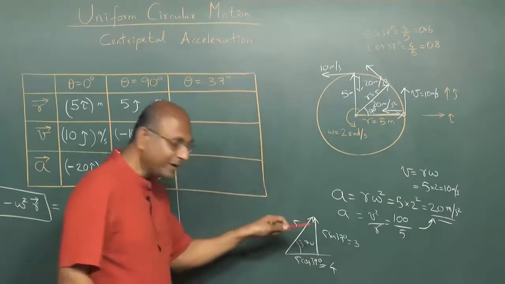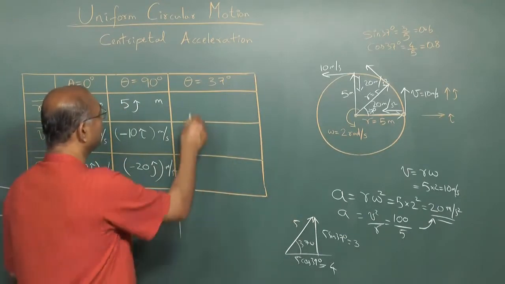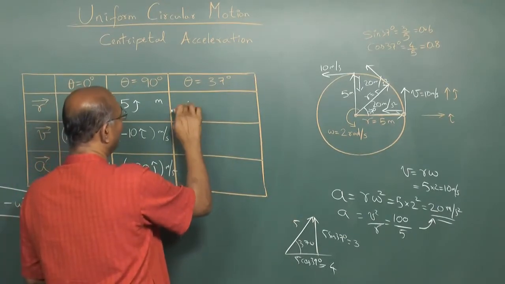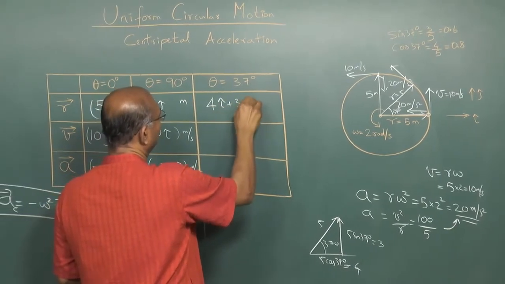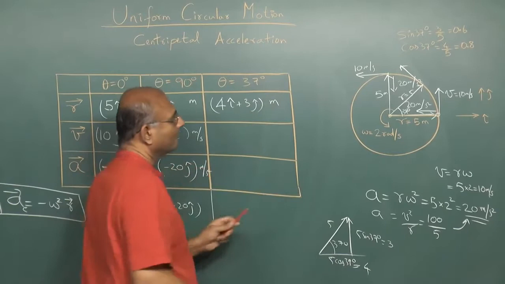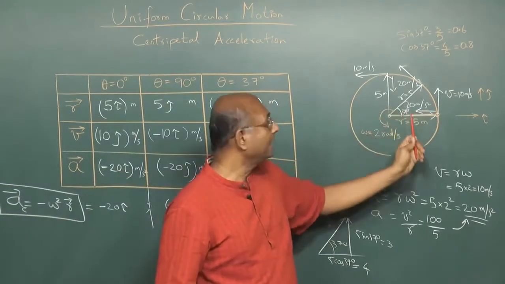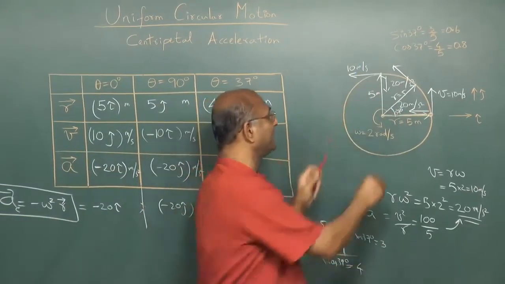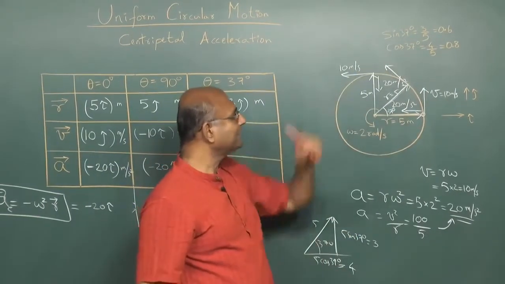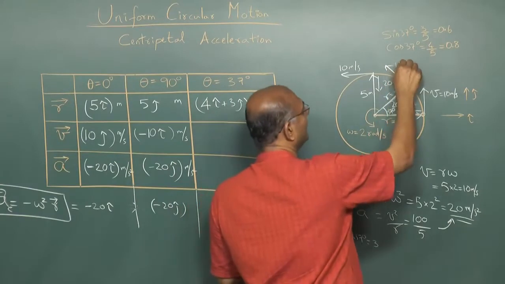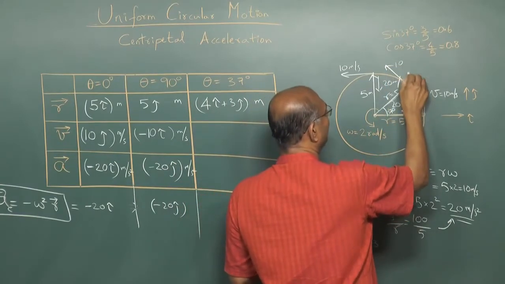So you have 4 i cap plus 3 j cap meters. So you are moving 4 i cap and then you are moving 3 j cap. So the r vector is 4 i cap plus 3 j cap. But what about the velocity vector? The velocity magnitude is 10, but let us think about the direction and angle and so on.